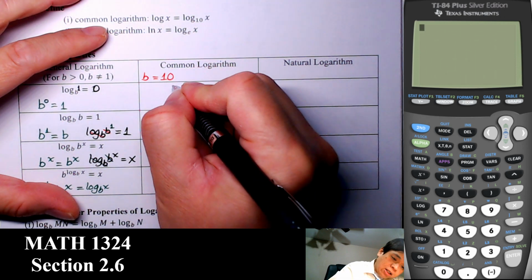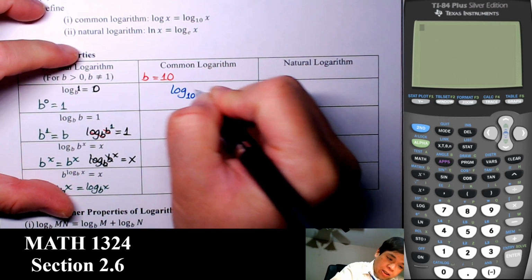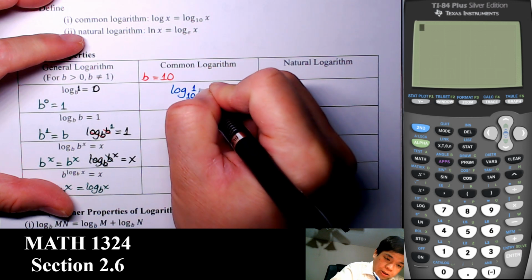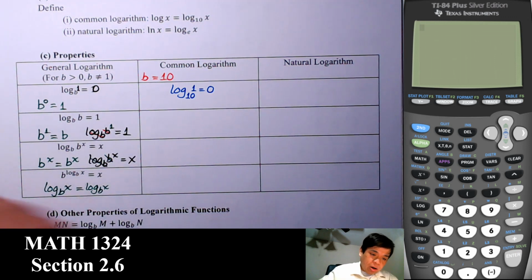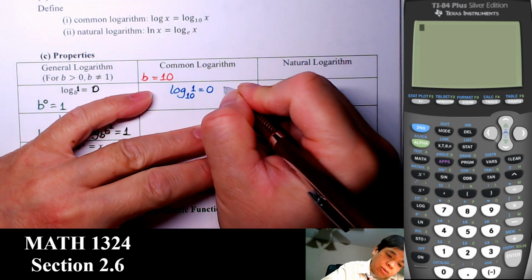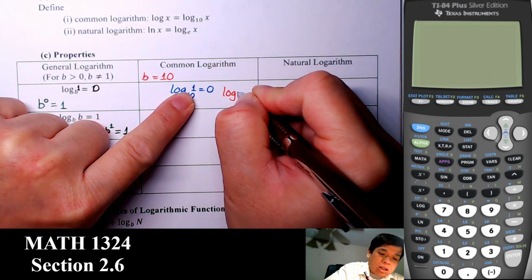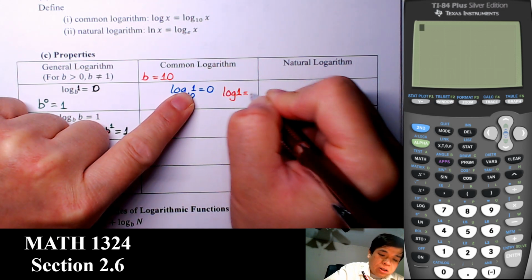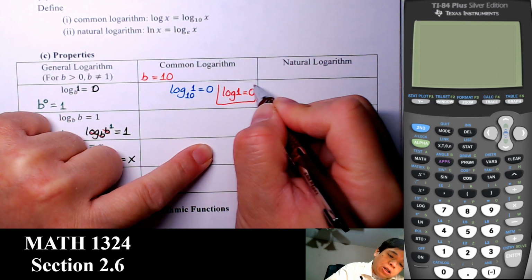So in that case, log instead of base b is going to be base 10. But we're not going to write it like base 10. We're going to write just log. The base 10 we don't need to write, it's by default. So log 1 equals 0.